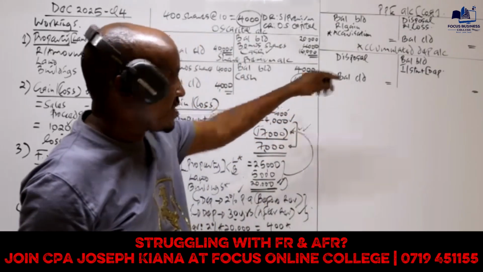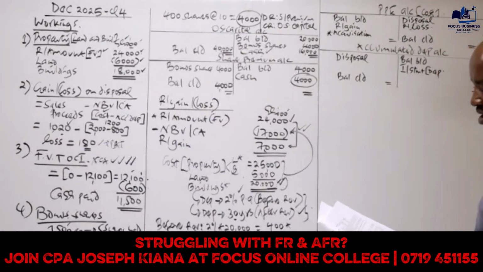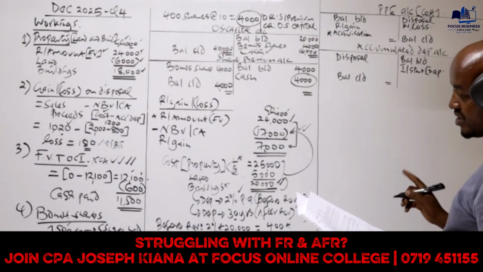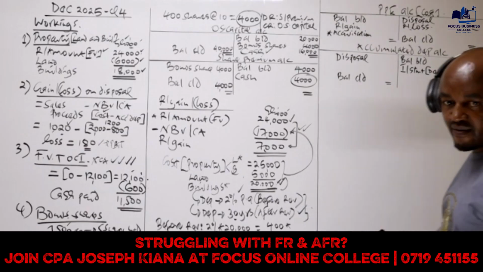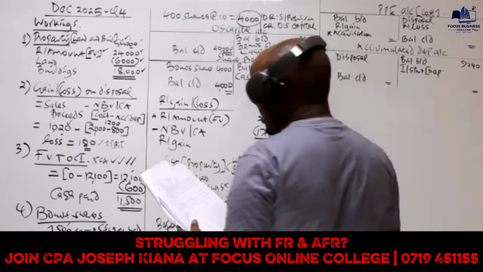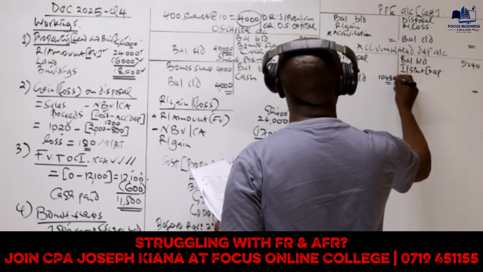We have the opening balance for accumulated depreciation in note 1. The accumulated depreciation at the start, which is the year 2024, is 9240. I'm getting that from note 1. The accumulated depreciation at the end is 10430.